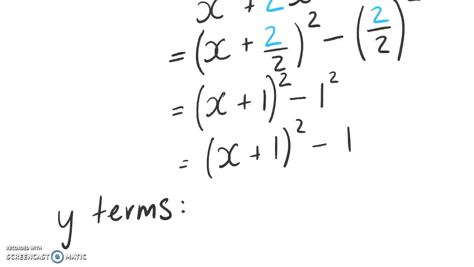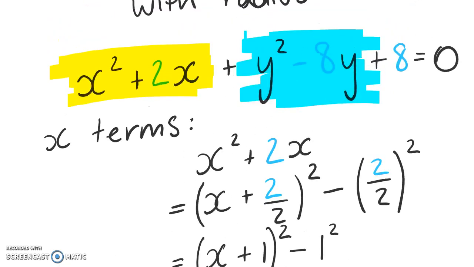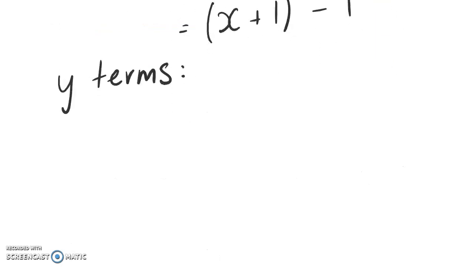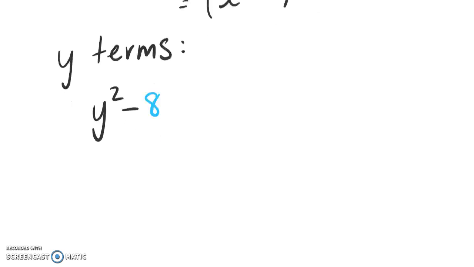So now that we've completed the square for our x terms, we need to look at our y terms. Let's have a look back to our equation. Our y terms were y squared, take away 8y. From what we learnt in the previous video, we can say that's y plus negative 8 on 2 all squared minus, open brackets, negative 8 on 2 all squared. Again, it's important that we use a negative sign in blue to indicate this is a negative 8, not just subtract 8.